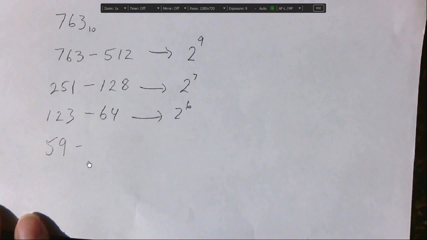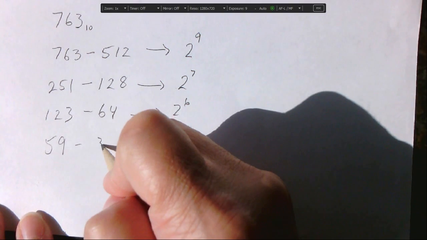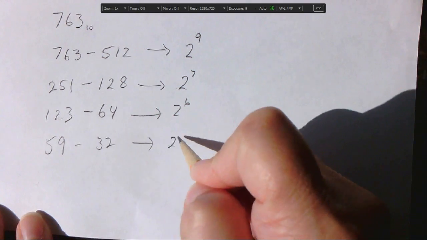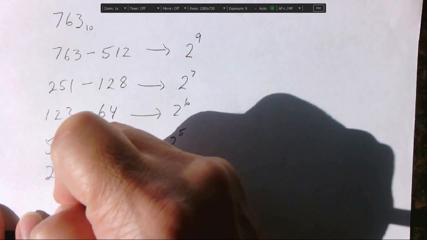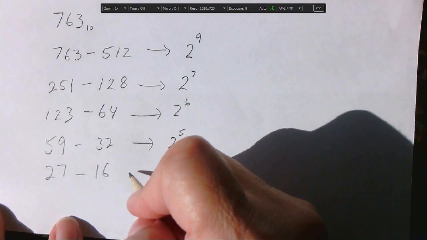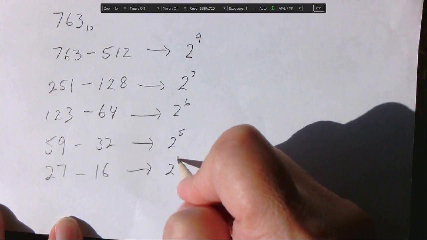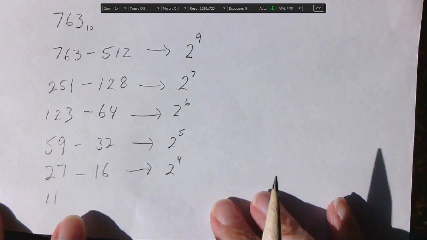The greatest power of 2 less than or equal to 59 would be 32, which is a 2 to the 5. 59 minus 32 is 27. Greatest power of 2 is 16, and that gives me a 2 to the 4. 27 minus 16 is 11.